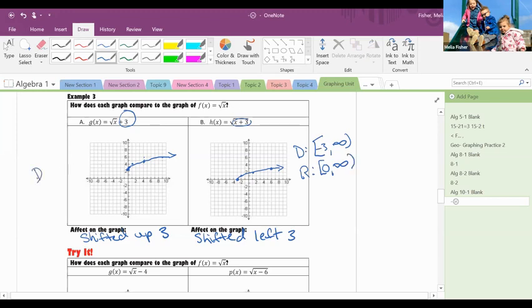On this one, the domain is still from 0 to infinity, but the range changed, and the range is now from 3 to infinity. So the outside affects our range, the inside affects our domain. Go ahead and do the triads.